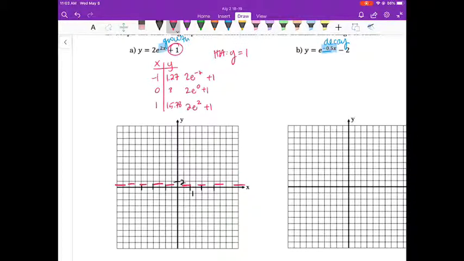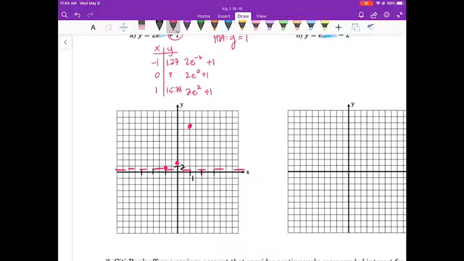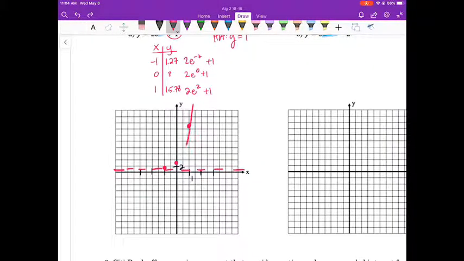So there is our horizontal asymptote at y equals 1, and then we plot our points: 1, 15.78, so that's like there-ish, and then 0, 3, and -1, 1.27. Sure enough, our graph does look like exponential growth, just like we expected.